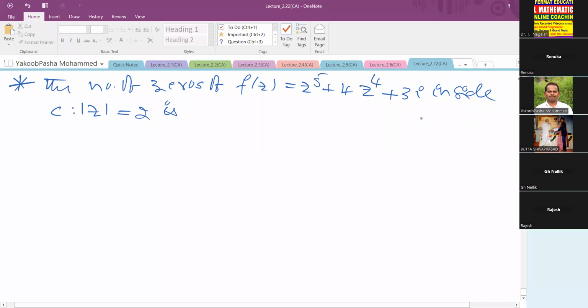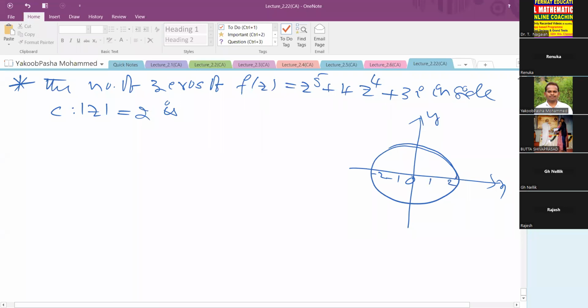In this circle, we have to calculate the zeros. Complex plane, real and imaginary axis. Center is the origin and the radius will be 2. So this is a circle. You take it as a circle, minus 1, minus 2. It is not an ellipse, it is a circle. 1, 1, 2.